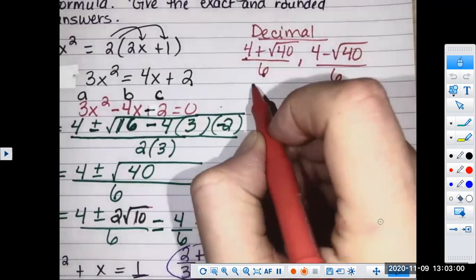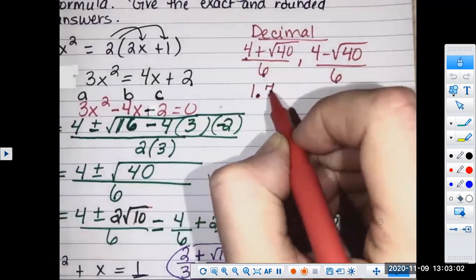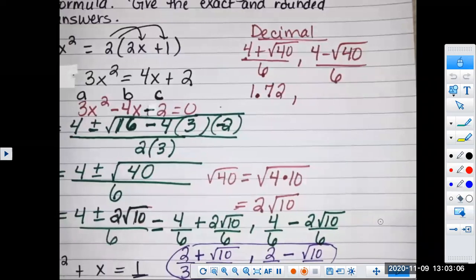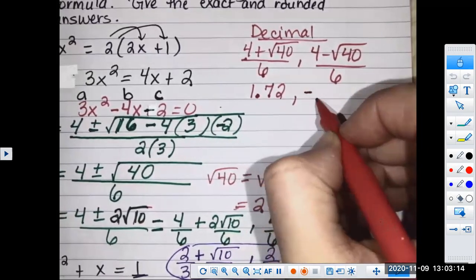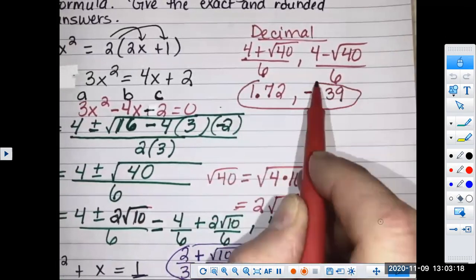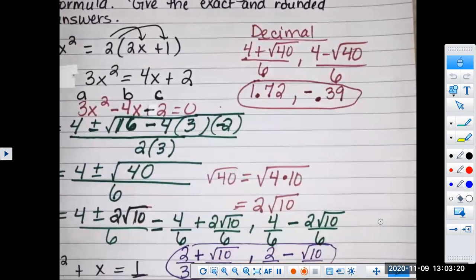You should get 1.72 rounded to 2 decimal places, and then negative 0.39, rounded to 2 decimal places. So if they ask you to leave it as a decimal, that's one of your favorite things. Just stop and type it in.